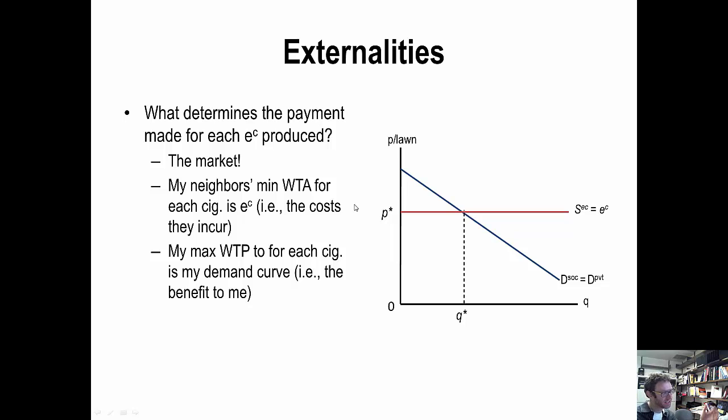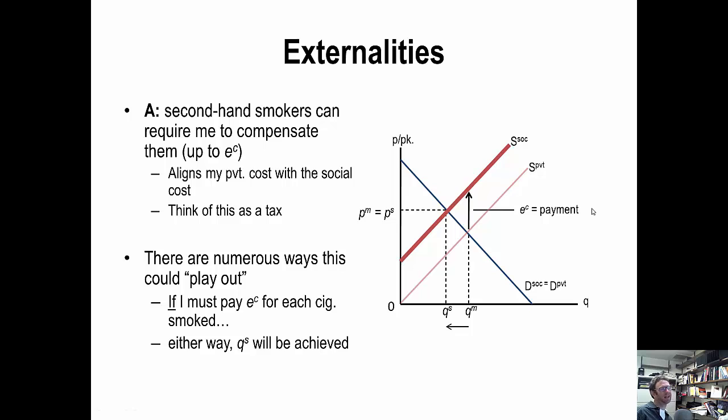I'll buy and they'll sell these external costs up to the point where my benefits equal their costs on the margin, which is going to be P star, which is going to be the value of the external cost itself. So it makes sense that the compensation that I'm going to have to pay people is just equal to the external cost itself. That's how this externality is going to be priced out in the marketplace.